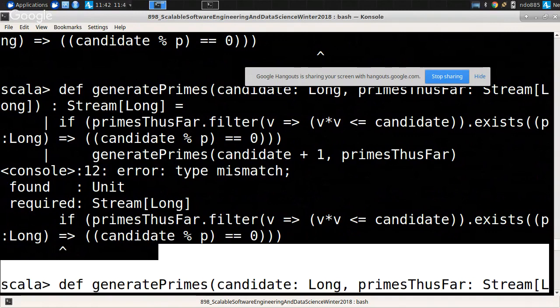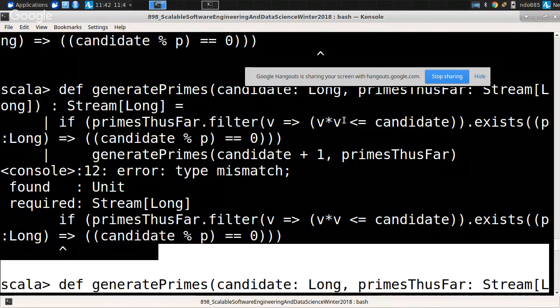Well, I think it may be possible. I can't do the math. Well, let's think about it. If it's examining 7, primes thus far would include 5, for example. And so that would be a case where primes thus far would have accumulated 5 along the way, and so there would be something filtered out by this test.